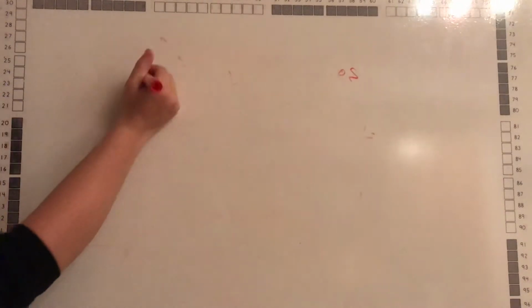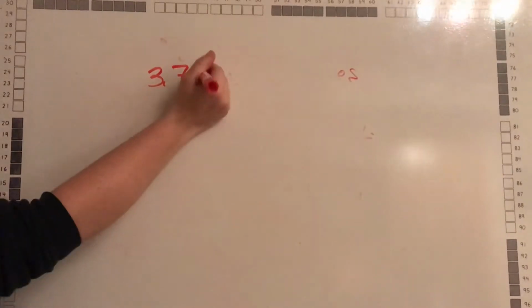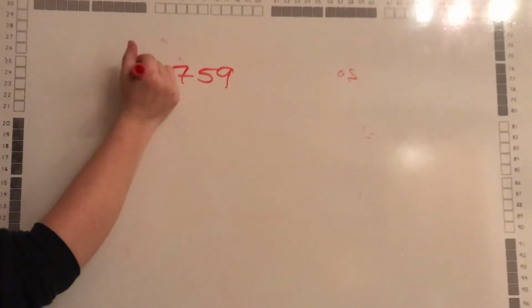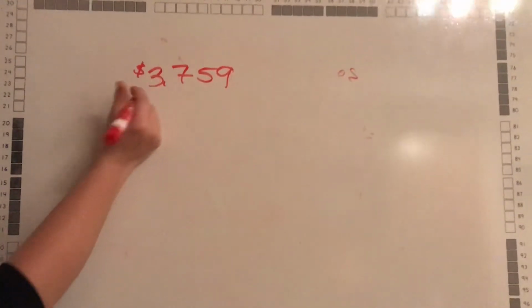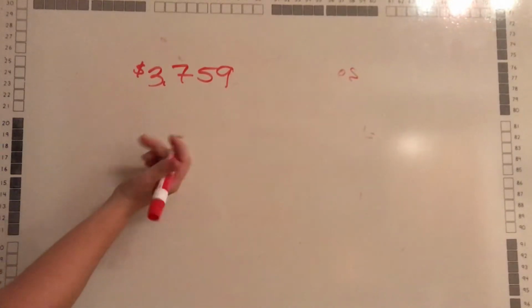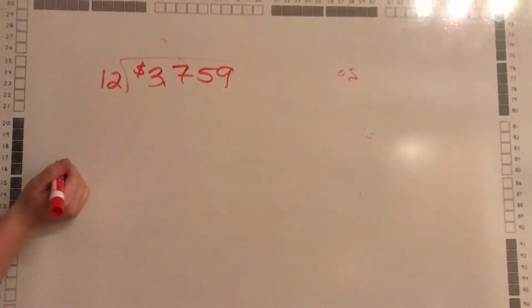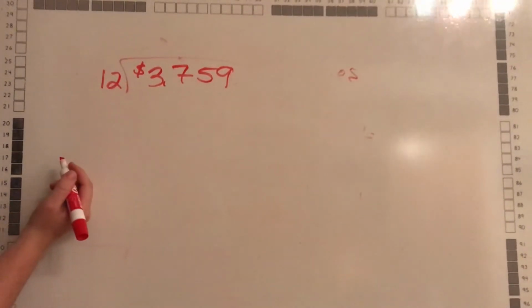In our book, they're asking you to use this chart, and the total annual expense is $3,759. To find out how much you want to budget each month for something like this, you would just divide it by 12 to find out what your monthly contribution is going to be.